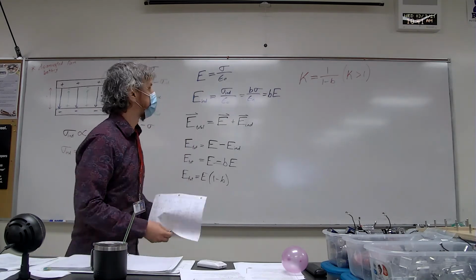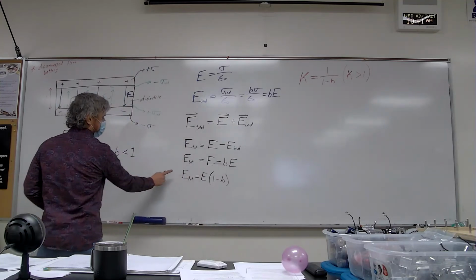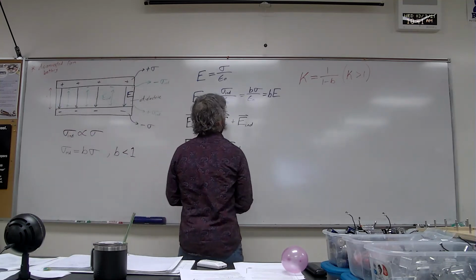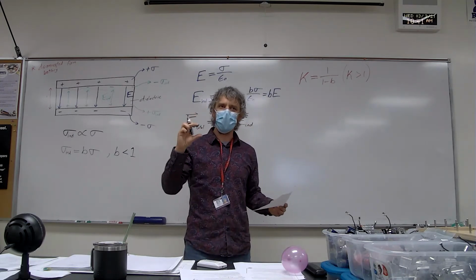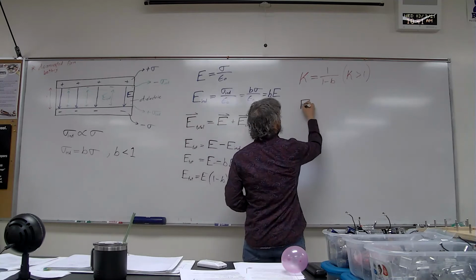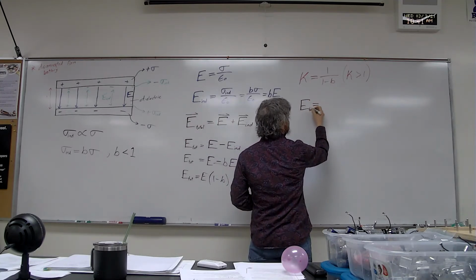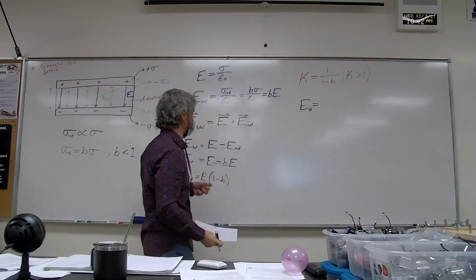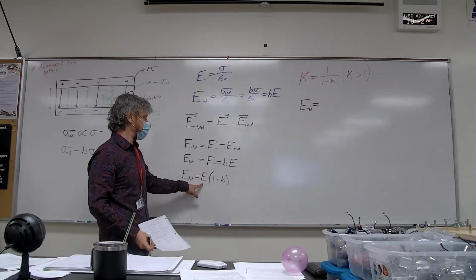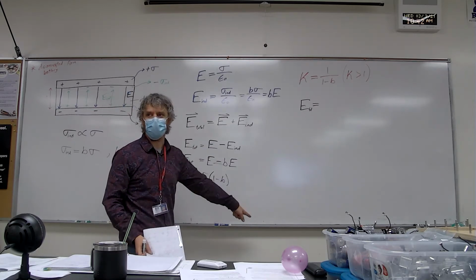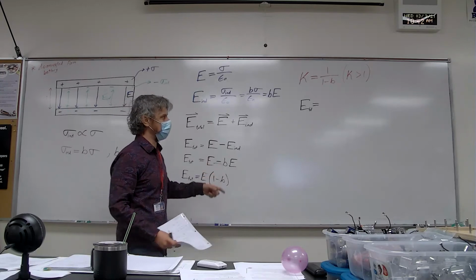Exactly. I know what I'm talking about, really. All right. So what that means is I can rewrite my electric field equation here. The total electric field within a capacitor with a dielectric, which is due to both the charged capacitor plates and the induced field within the dielectric material, is not E times kappa, but E over kappa.